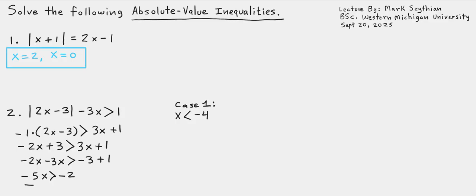So divide both sides by minus 5. And then what do we get? We get x is greater than 2/5, but then we have to change the polarity or the sign, so we have x is less than 2/5. So that becomes case number 2: x is less than 2/5.